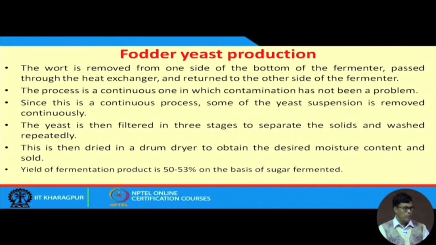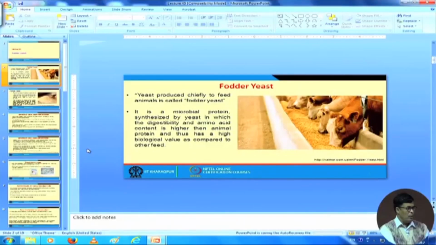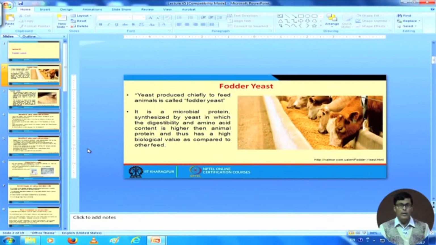So this is more or less all about the yeast fermentation process. What I try to mean here is that Torula utilis is used as a fodder yeast, and it has typical characteristics because it can degrade not only hexose sugar but also pentose sugar.